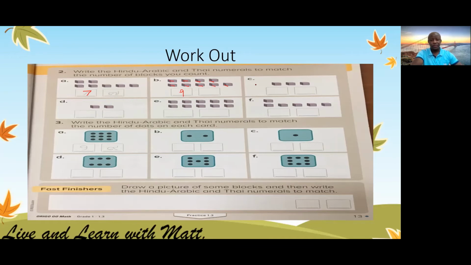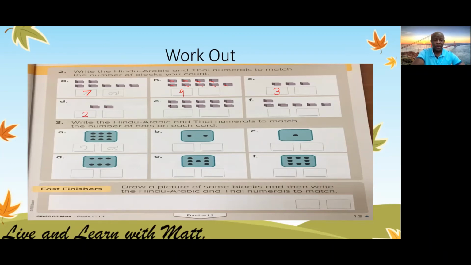Part C, how many blocks can you see? That's correct, 3. So we write 3 here. And the Thai numeral will follow suit. Part D, 2, that's correct. Write the Thai numeral.